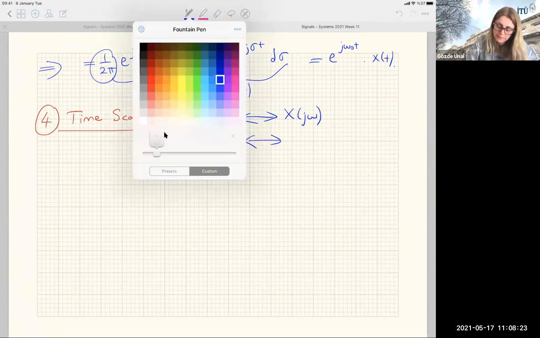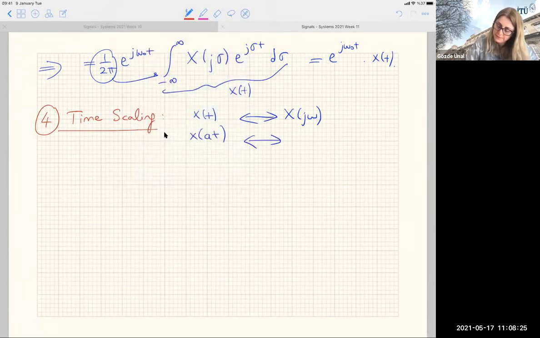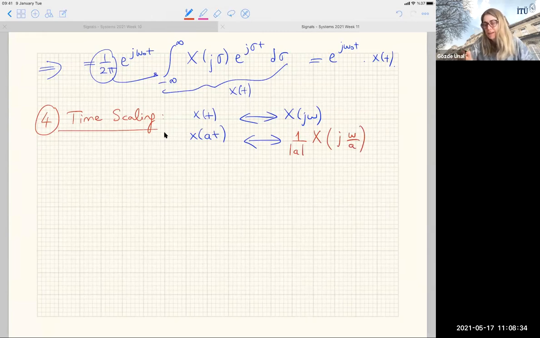It's going to end up with a scaled Fourier transform, also multiplied by the amount of scaling. But here you see the inverse relation. Note, we will derive this. If I compress in time, it's going to expand in frequency. Or if I expand in time, it's going to compress in frequency, and vice versa.